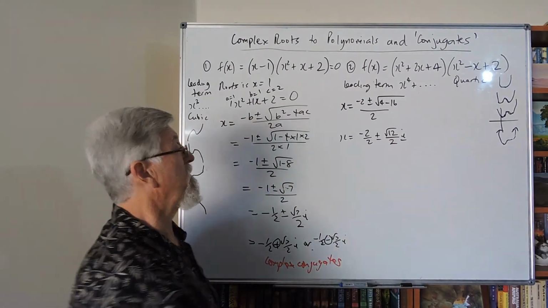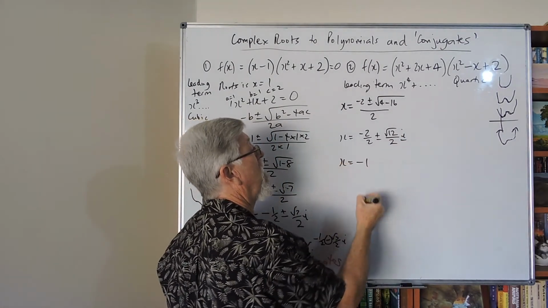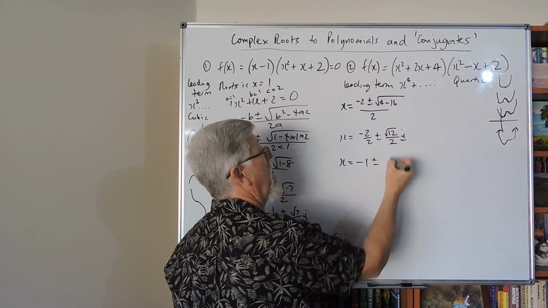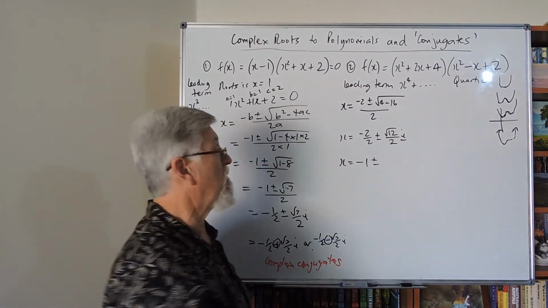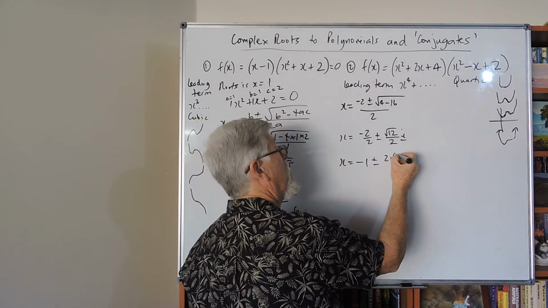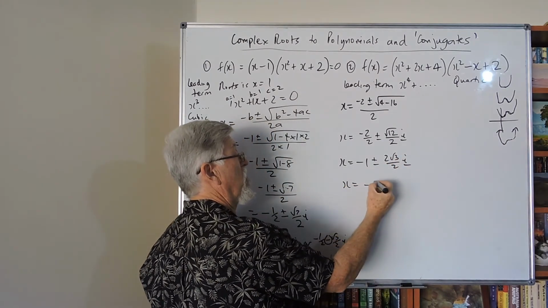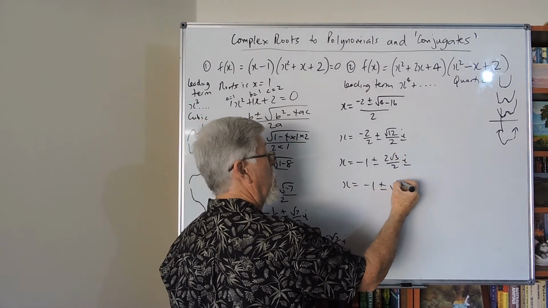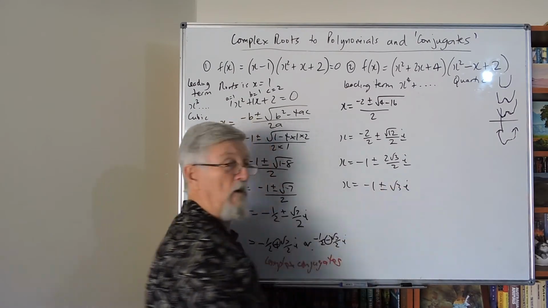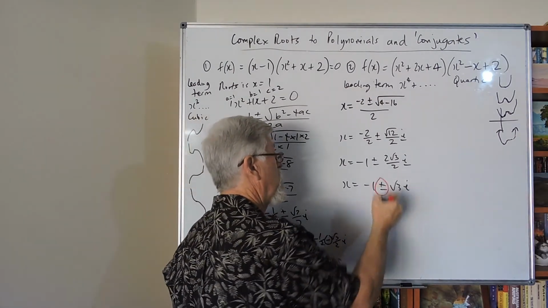Of course, we can simplify these. I could write that as root 4 by root 3, so that would be 2 root 3 on 2, and again we get the 2s to cancel. You've got minus 1 plus or minus root 3i, and there's your conjugates. Two roots of that one.